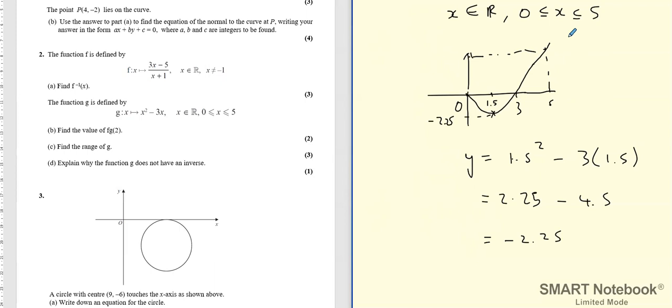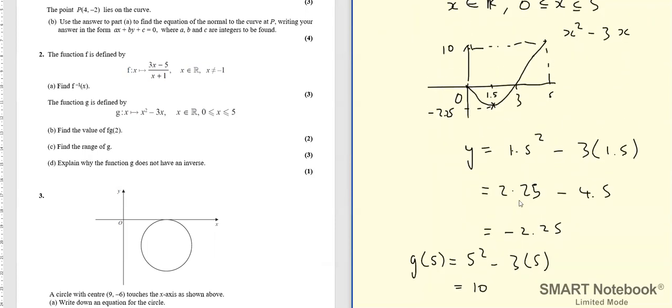So if the equation of the curve is x squared minus 3x, g of 5 equals 5 squared minus 3 times 5. 25 minus 15 is 10. So this value here is 10. And we can ignore anything after 5.